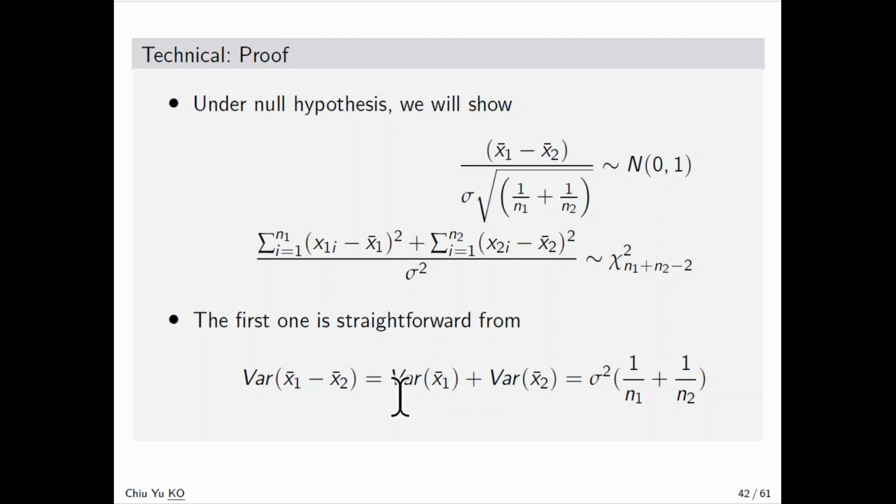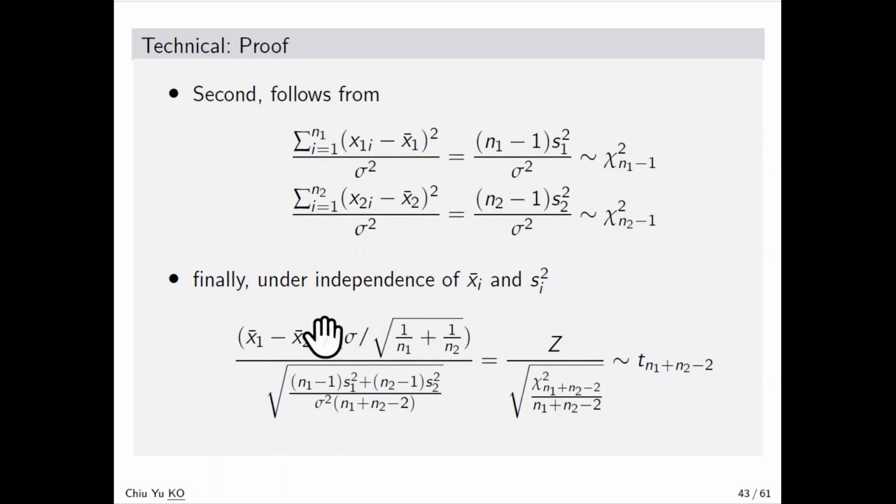It is x1 bar minus x2 bar minus its mean, which is 0, over sigma times the square root term, which is Z. The numerator is Z. The denominator involves the pooled variance, and the sigma squared cancels with the sigma. This denominator is the chi-square distribution over its degrees of freedom. So that's why this is a t distribution.